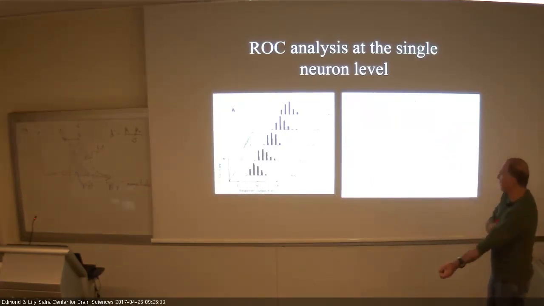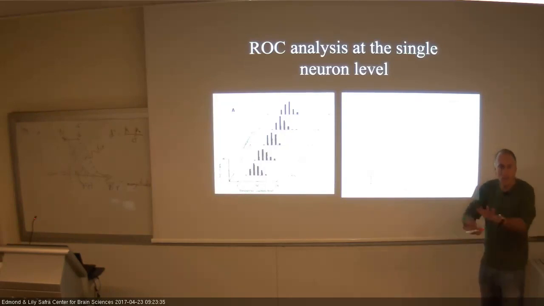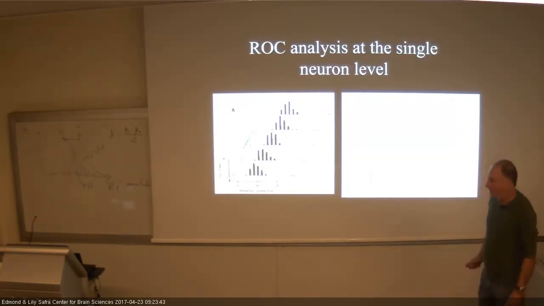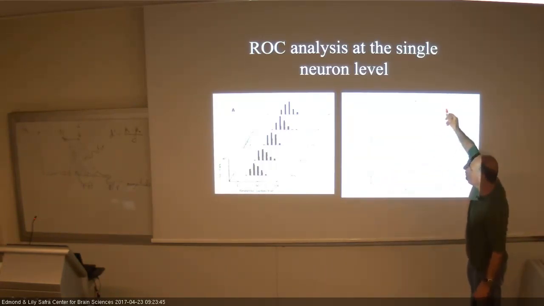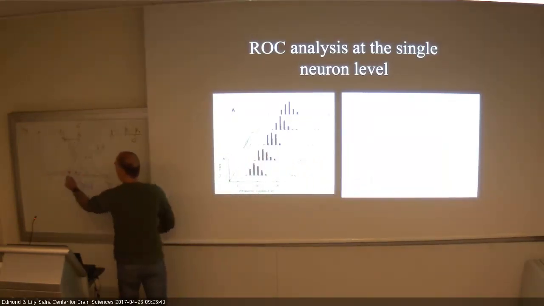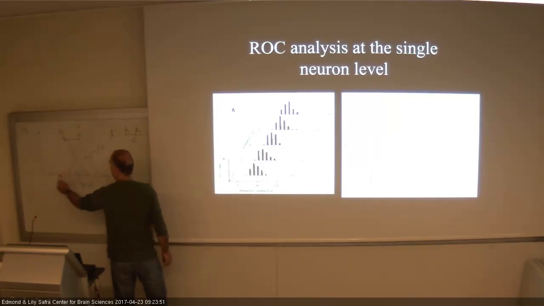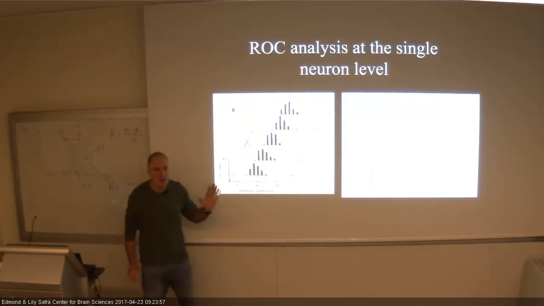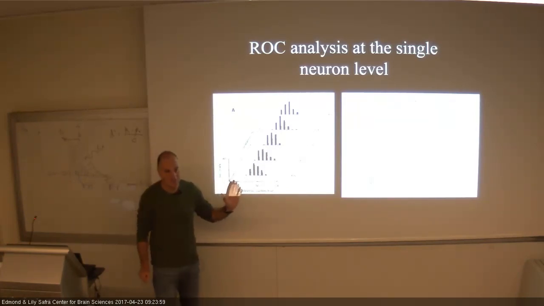Now let's try to analyze this. Just to see if you understand, if the two distributions are completely overlapping, what would be the result? Something along the diagonal. As I change the criteria from minus infinity to plus infinity, I increase both the hit rate and the false alarm rate in exactly the same way.